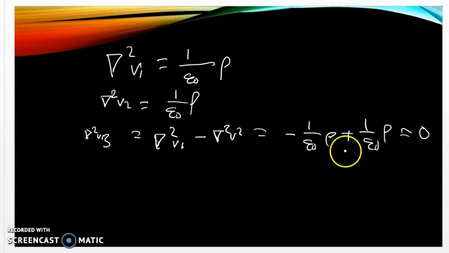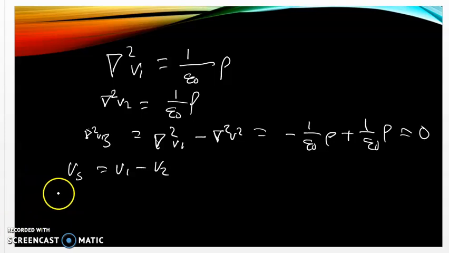So what this tells us is that the difference V3, which is V1 minus V2, satisfies the Laplace equation and is 0 on all the boundaries. In every boundary where you reach, it must be equal to 0.